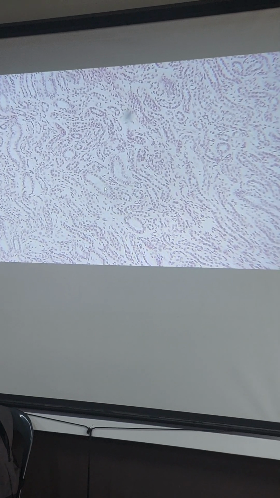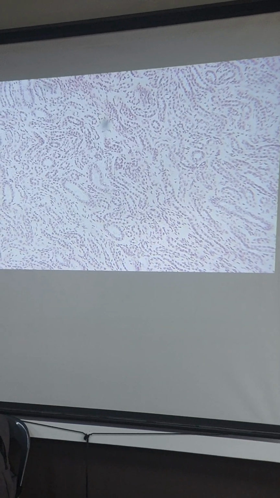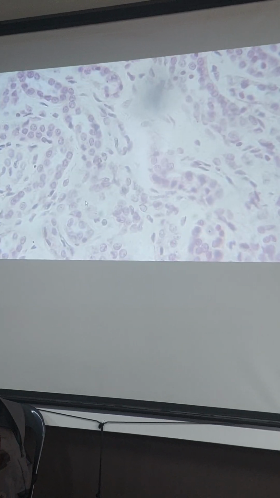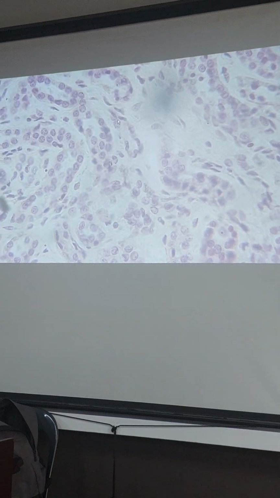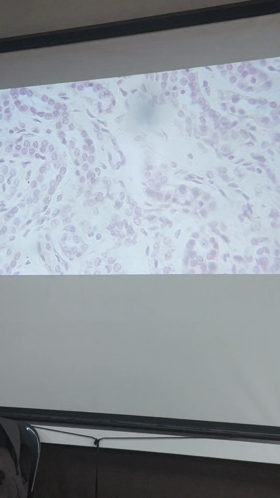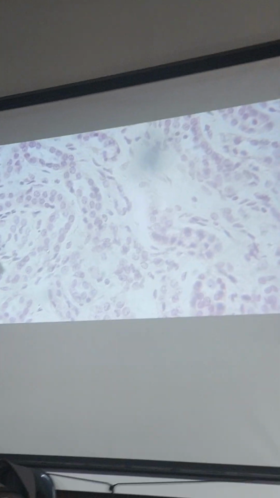These thicker ones, these bigger tubules are your collecting tubules. Okay? Smaller ones are your loops of Henle. The loops of Henle are divided into your thick and thin segments. Okay? If it's thin, it's going to be more squamous, like this one, squamous epithelium. Thicker limbs are cuboidal.